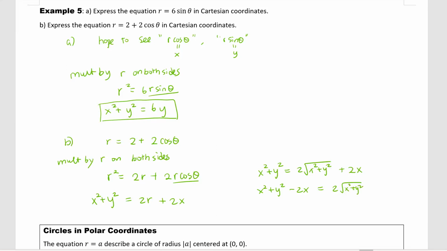They're going to square both sides, so they have x squared plus y squared minus 2x, all squared, equals 2 squared, which is 4. Now they can get rid of the square roots. Sometimes people would do that just to get rid of the square roots. Okay, so we get an xy equation. All right.